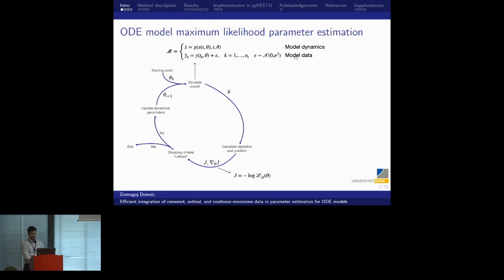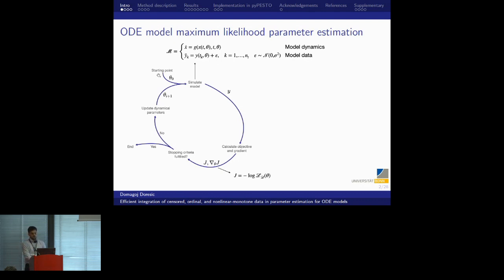We have some model data that is given by observables, and the observables are also noise corrupted. In this research, we're going to assume that this noise is normally distributed with some standard deviation.